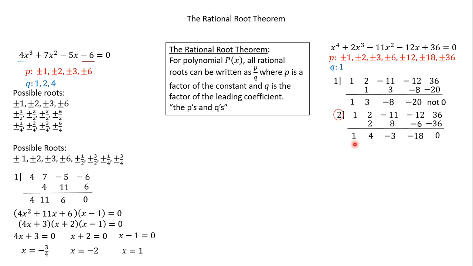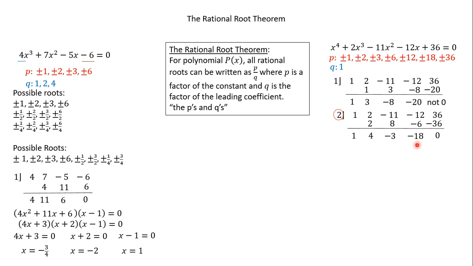Let's find another one. Now we're going to start with the 1, 4, negative 3, negative 18, because that's going to help us take it down. If we went back up to the original equation and we found another factor, great. We have another cubic. We don't want another cubic. Another nice thing about starting here is that my constant is no longer 36.